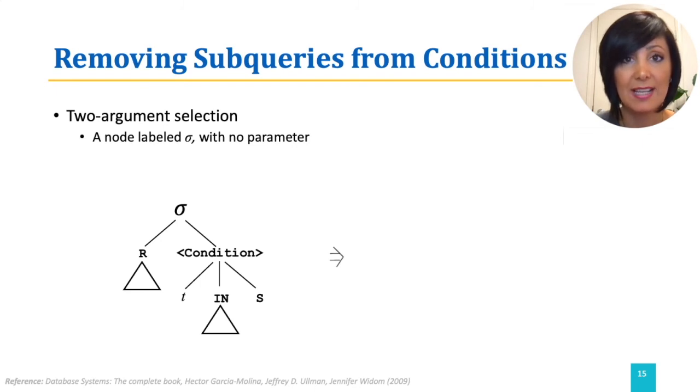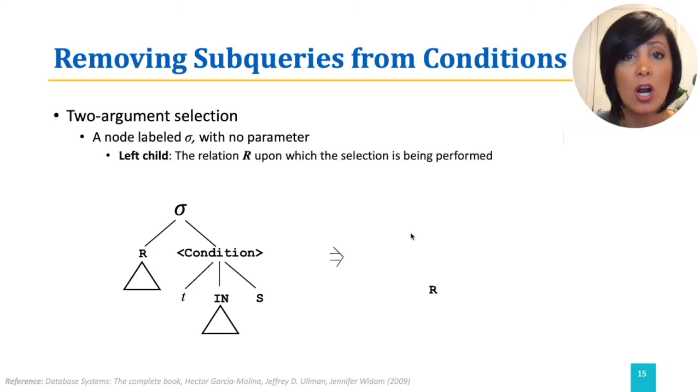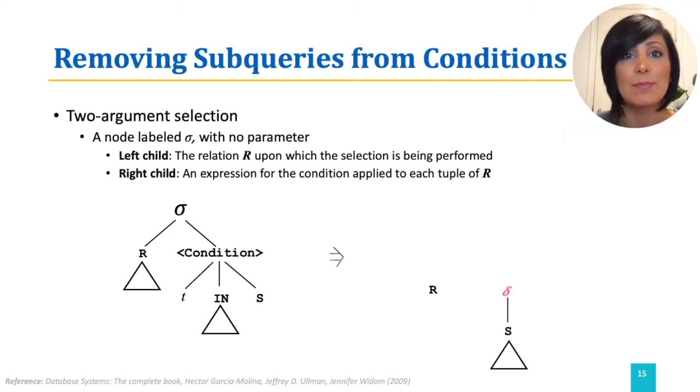For this, we label the left child as the relation R upon which the selection is being performed, and the right child as an expression for the condition applied to each tuple of S. In this step, duplicate removal, shown in red, might be used to avoid multiple answers in the final query.